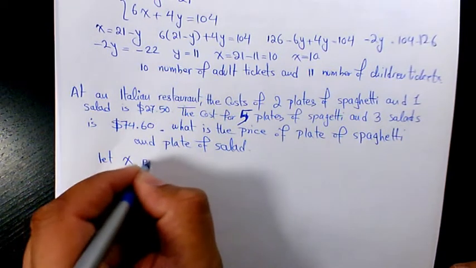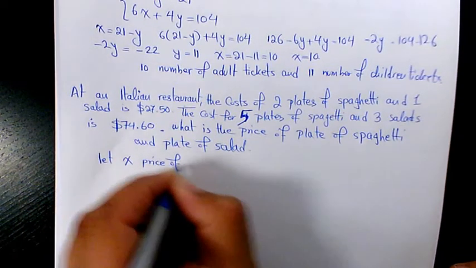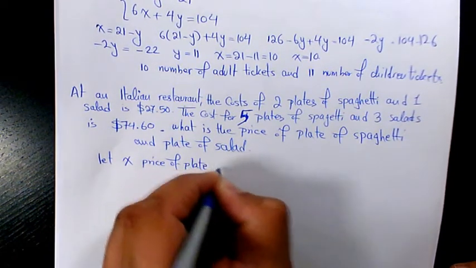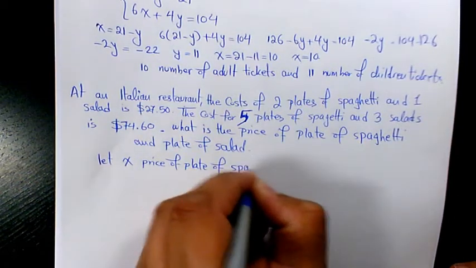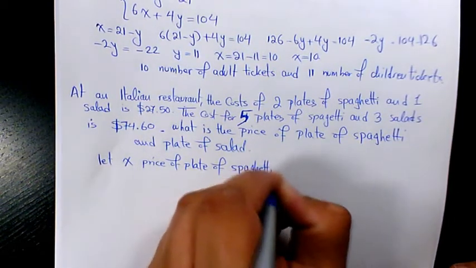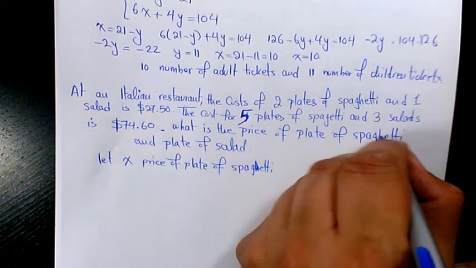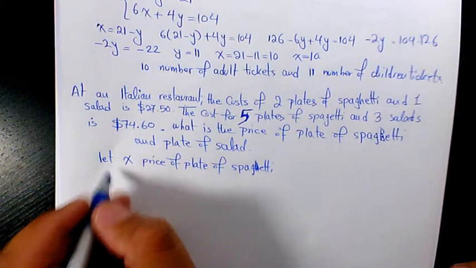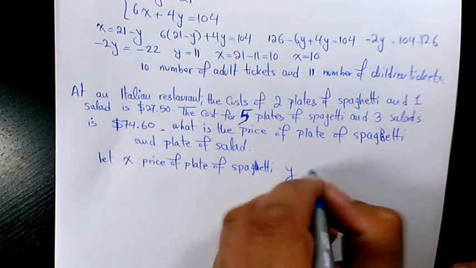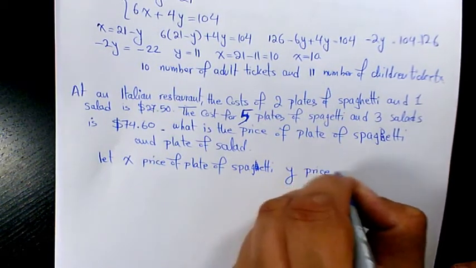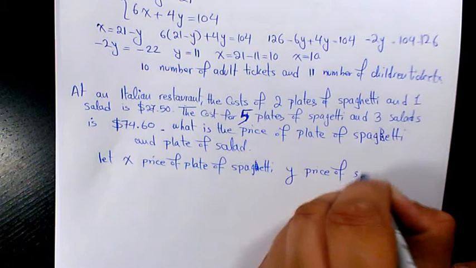X is the price of a plate of spaghetti, and y the price of a salad.